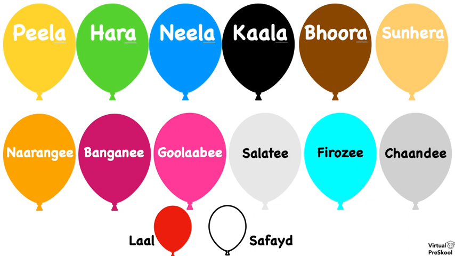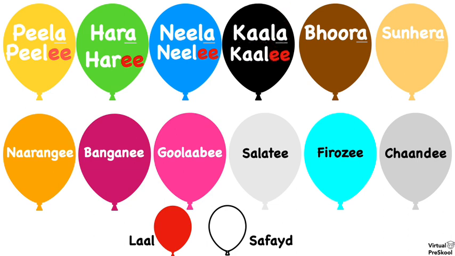If you look at this chart, which color words change? The ones in the top row, right? And what will they become? Pila becomes pili. Hara, hari. Neela, neeli. Kala, kali. Bhura, bhuri. Sunera, suneri. And then below we have bangani, narangi, gulabi, saleti, ferozi, and chandi.